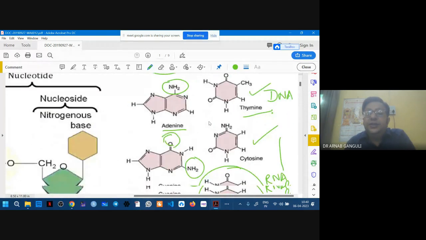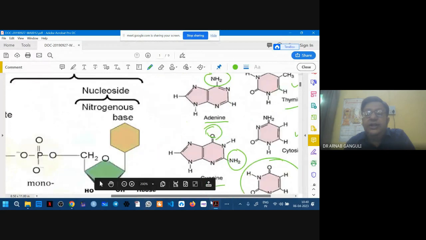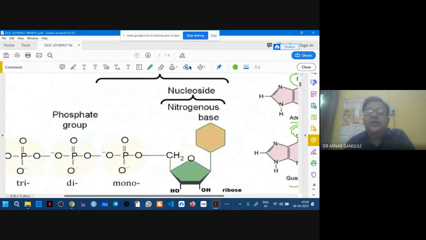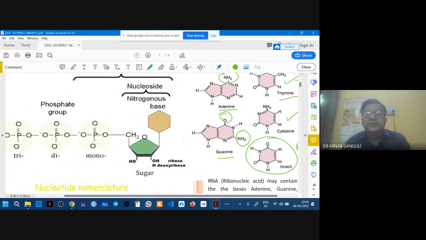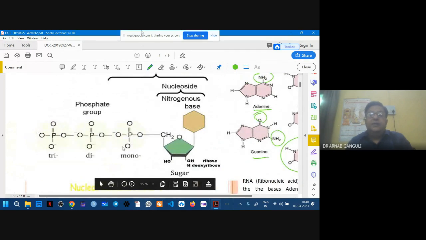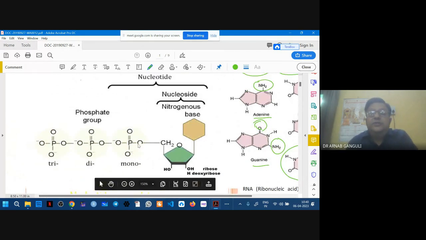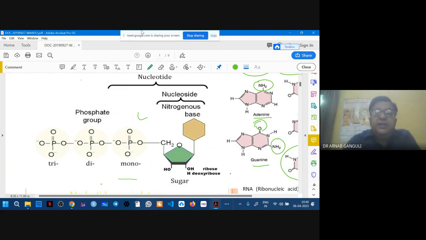So this is the structure of a nucleotide. Now let us look at what a nucleotide and a nucleoside are, and what phosphates are present. The nucleotide has a single phosphate, and a sugar. It can be ribose or deoxyribose. In the case of DNA, this O is not there.